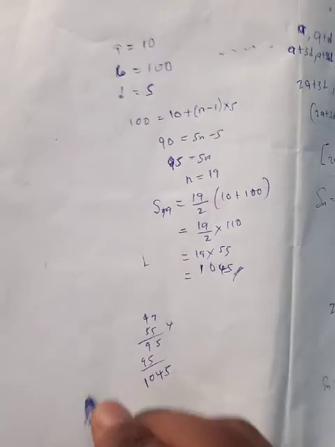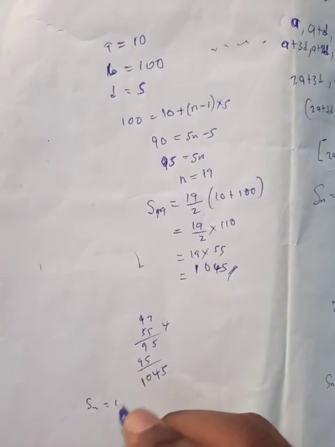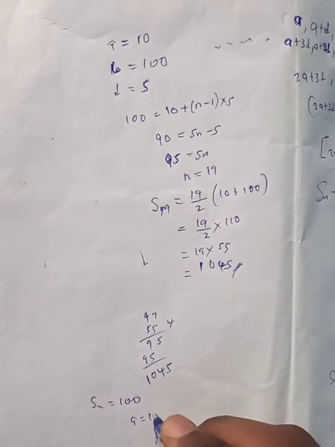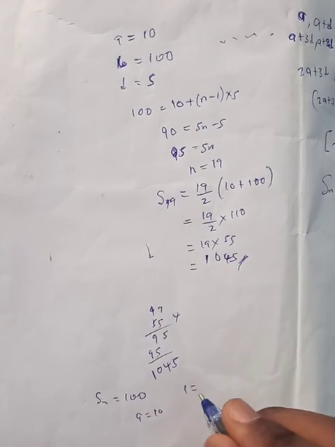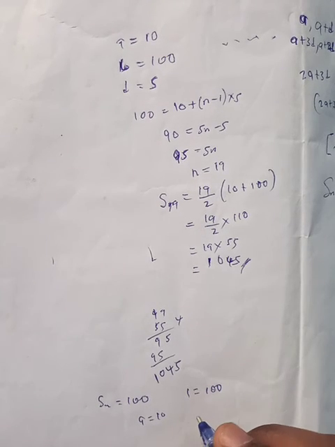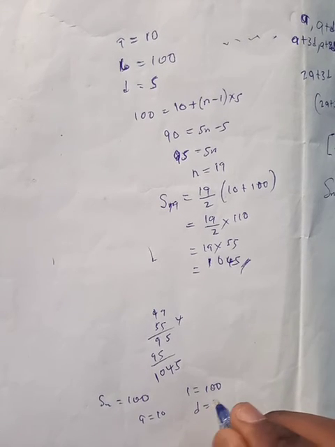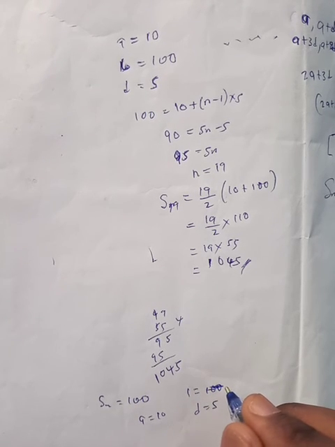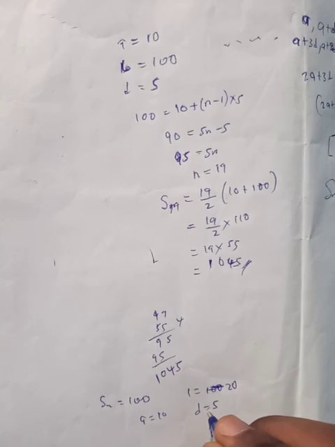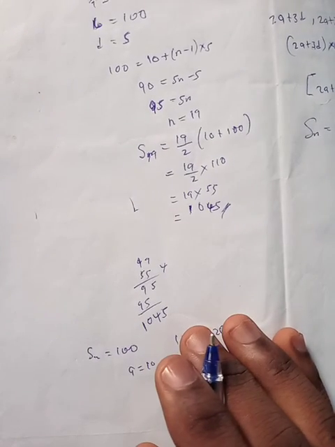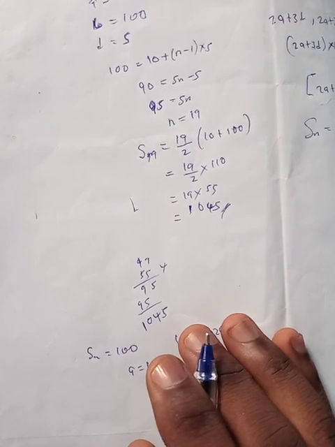So they can tell you that the sum is 100, first term is 10, last term is 100, common difference is 5. Last term is, let's say, 20, common difference is 5. Then find the nth term, like find n, simply as that. So you need to use those equations.